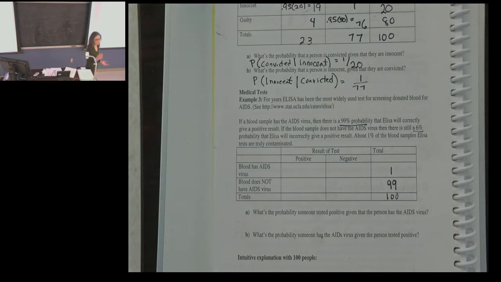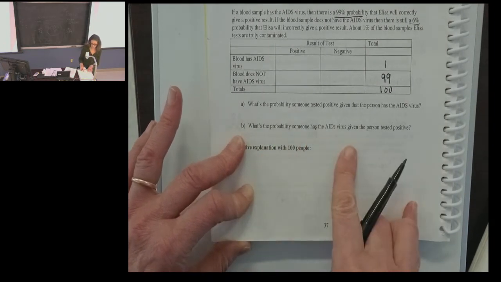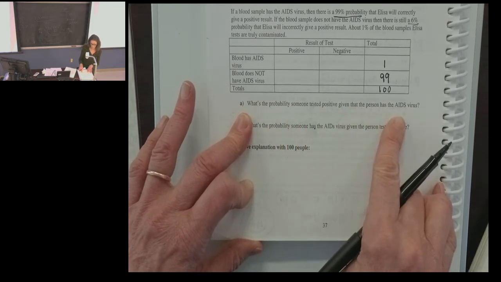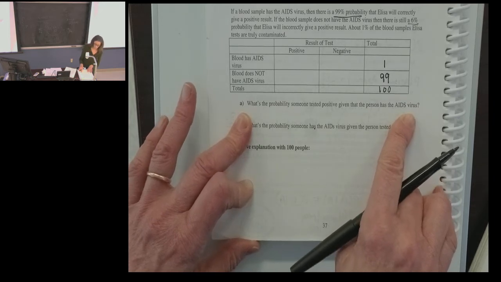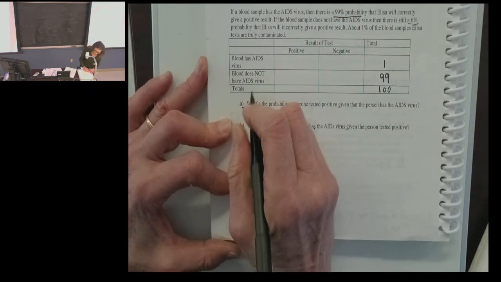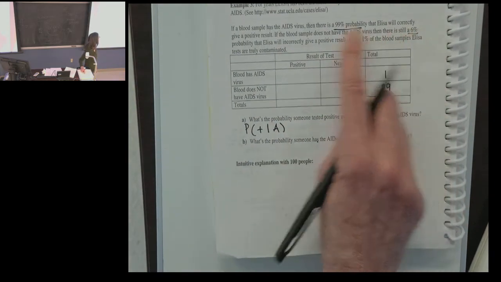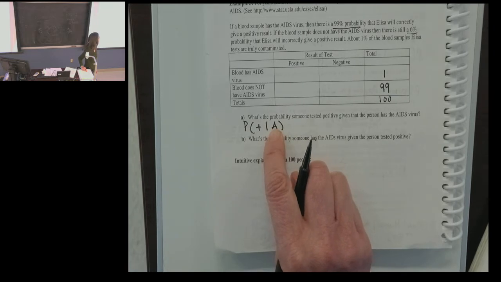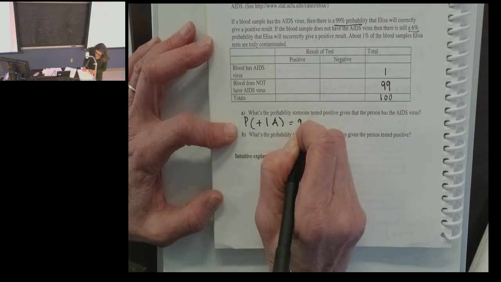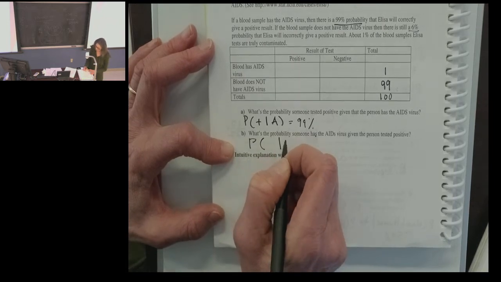So given those numbers, what's the probability someone tested positive given that the person has AIDS? Well, isn't that what this is saying? The probability of positive given AIDS. So it says right here that if the blood sample has AIDS, then it will correctly give a positive result 99% of the time. So this is 99%.